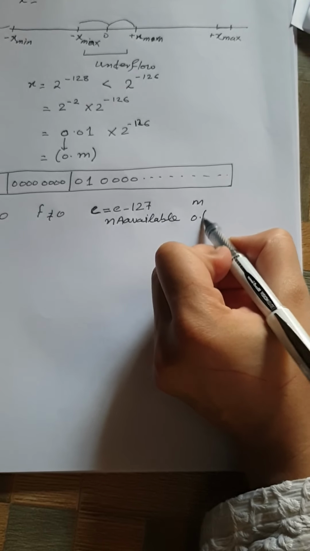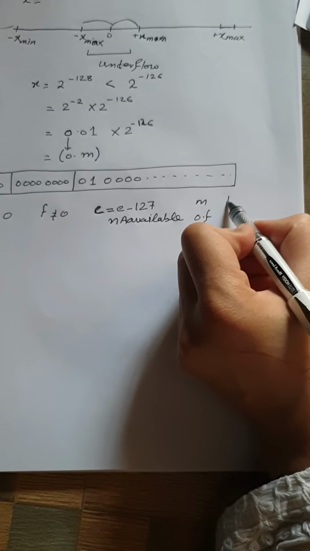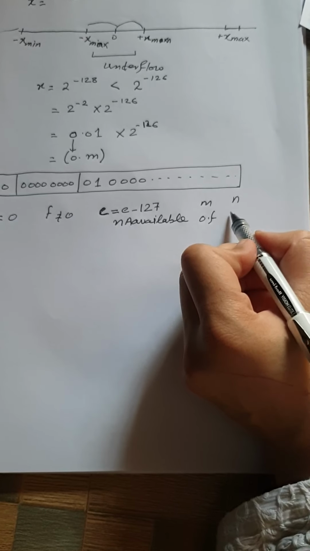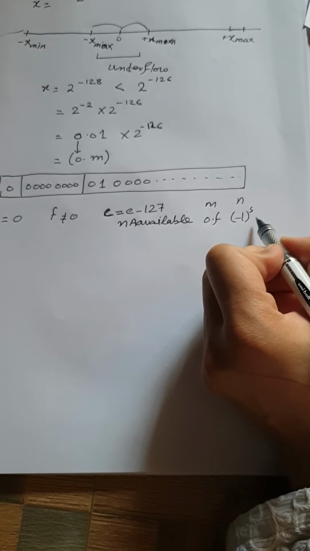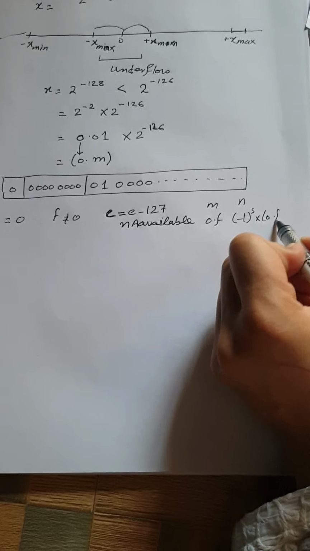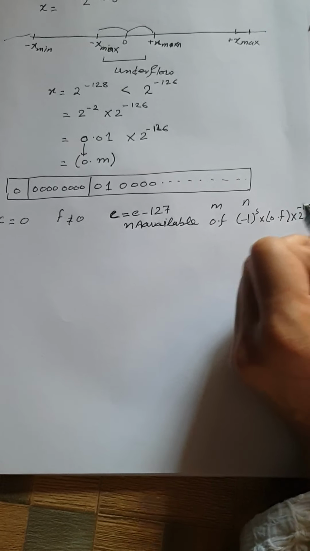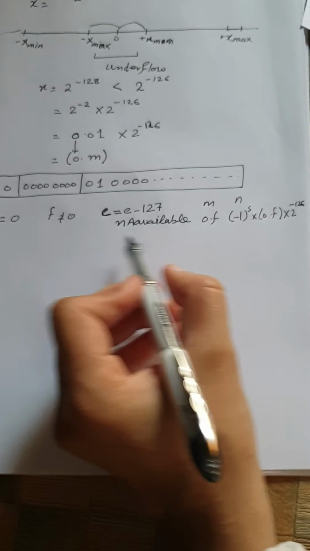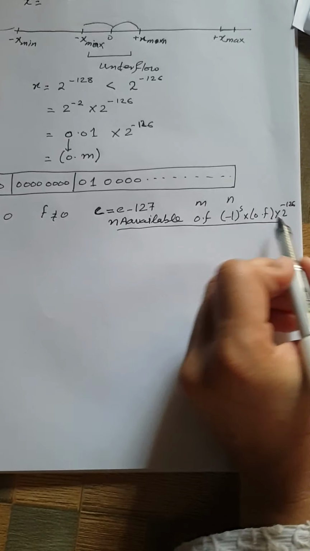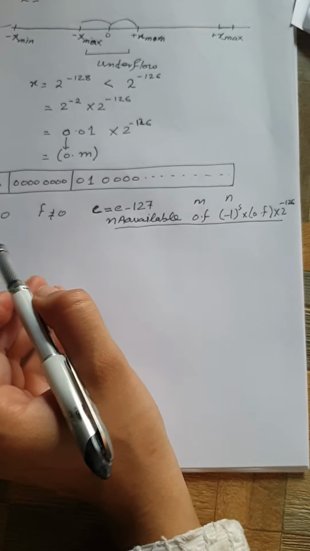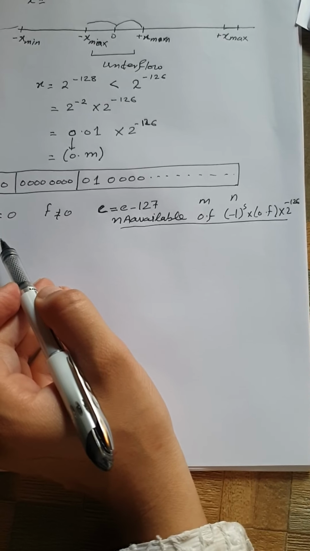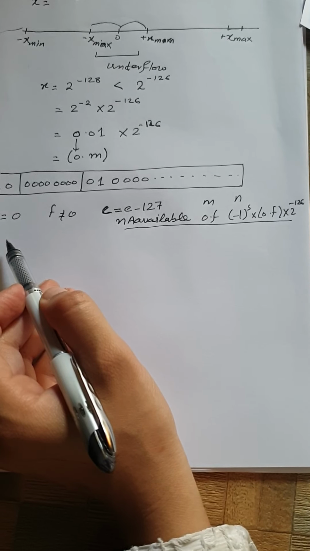Mantissa is stored as 0.f, and you have the number representation like minus 1 raised to sign into 0.f into 2 raised to power minus 126. So you can decode the number using this approach. In this way, the underflowing numbers are represented in the single precision method.